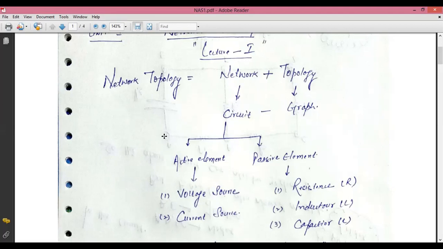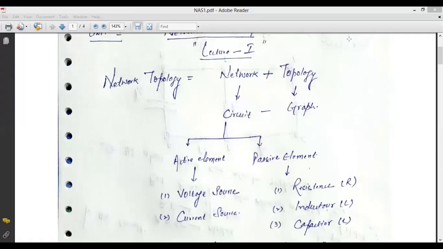If out of these three any one relation is not fulfilled or satisfied, it is not called a circuit. There can be more than one active and more than one passive, but the minimum criteria should be one active, one passive, and a connection between active and passive is very necessary. If it is there, then it is called a circuit, and if not, then it is not called a circuit. And moreover, this circuit is also called a network.